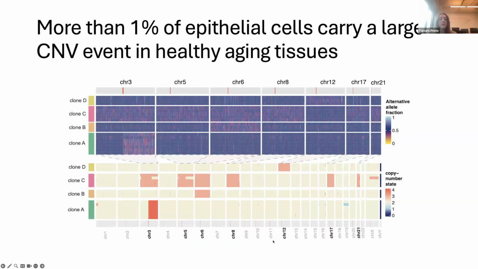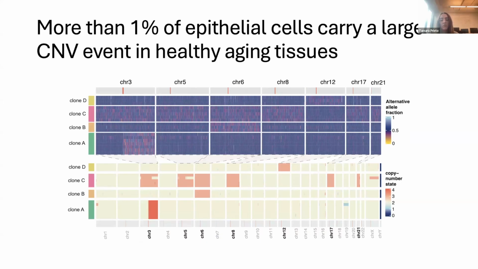And then focusing on the epithelial cells, we detected about 1.2% aneuploid cells based on read counts, which we validated by observing allelic imbalance in germline SNPs. And this is likely an underestimate since we only counted CNVs present in 2 or more cells. And interestingly, these aberrant cells are still able to divide within phenotypically normal epithelium.